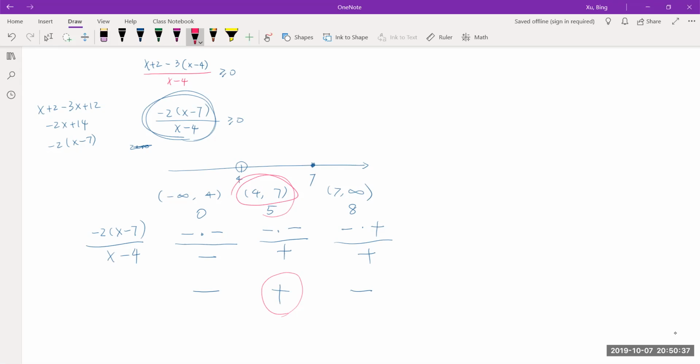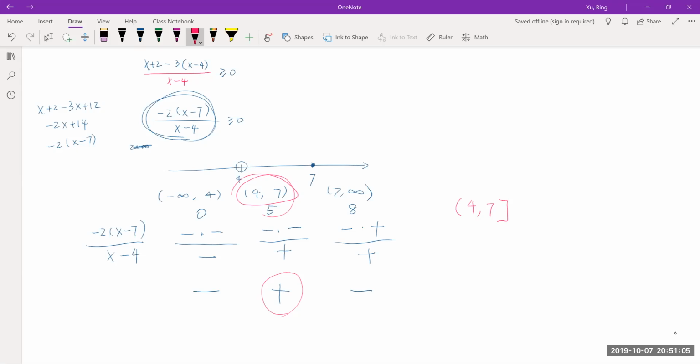So your solution should be from 4 to 7, with 7 included. That's the solution. Right, questions? No questions? All good, okay.